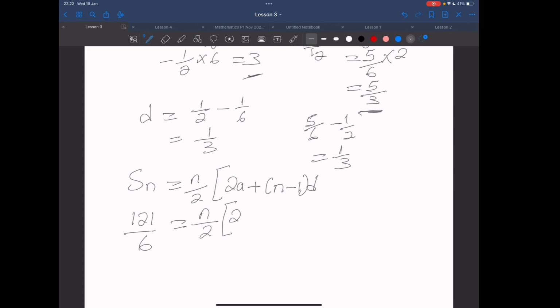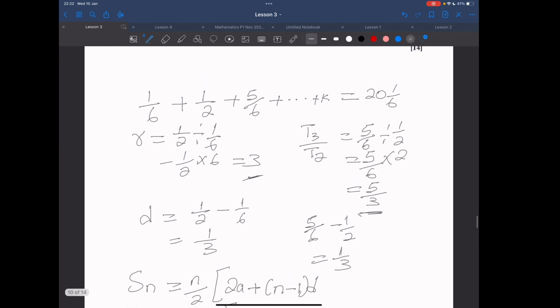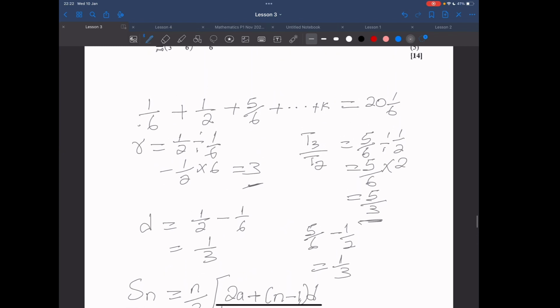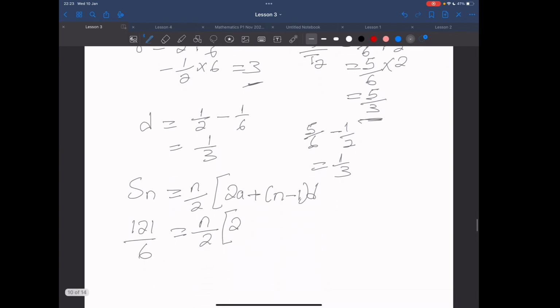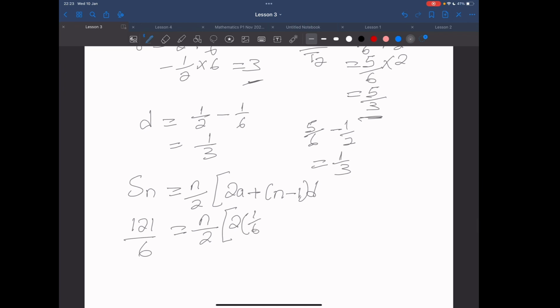For the 2a, a is the first term. Let's remind ourselves, the first term is 1 over 6. So it's 2 into 1 over 6 plus (n minus 1), and the common difference, we worked out to be 1 over 3. Right, so we can work this one out.